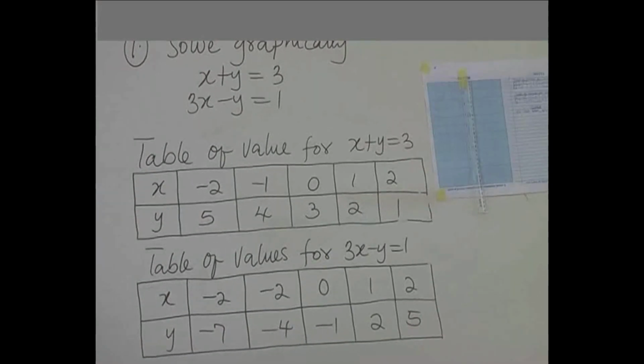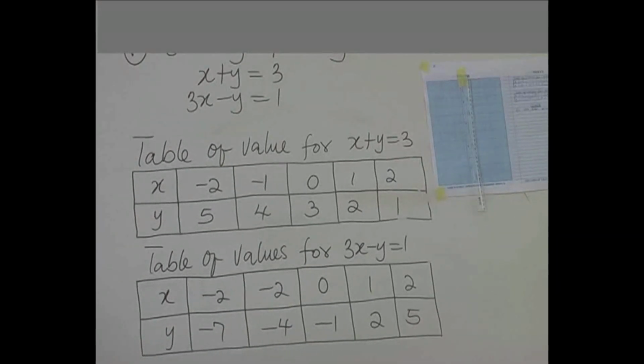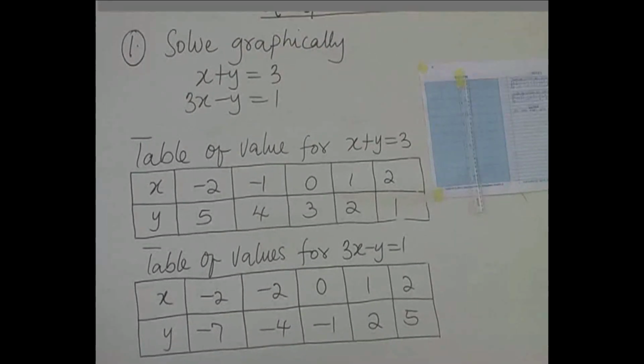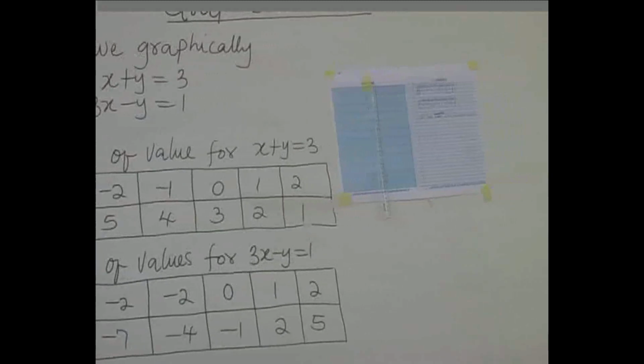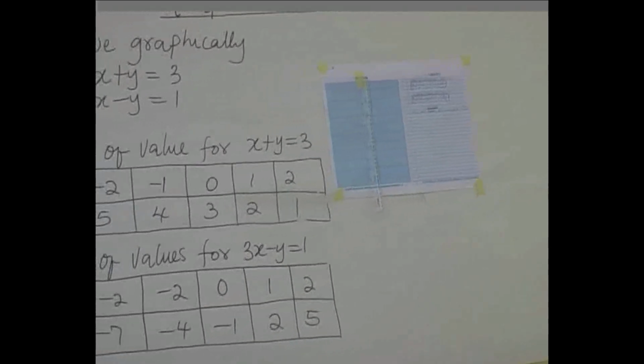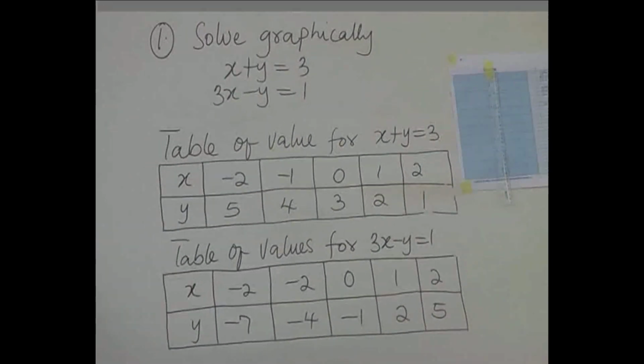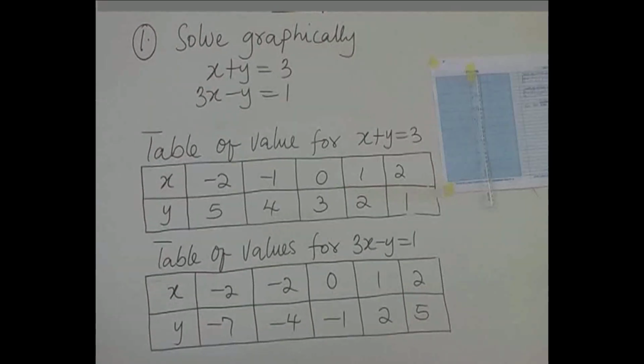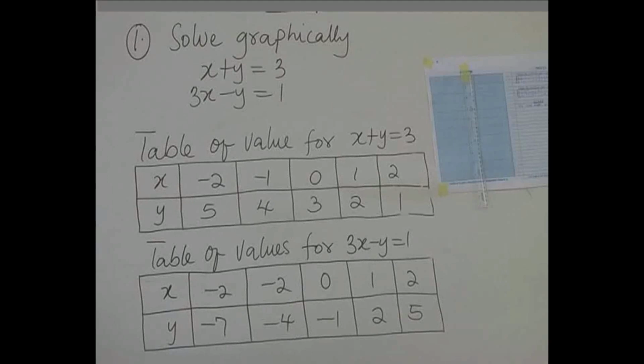So put down this table of values, because when I go close to the graph paper, you will not be seeing the table of values again, and we'll be using the figures we have on the table of values in the plotting there. You have put it down.